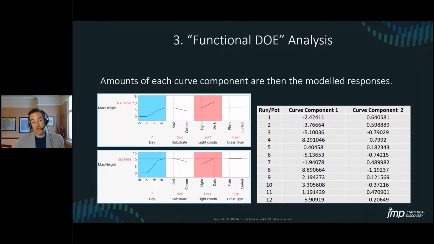And then, in some cases, you've got an ideal curve, what you might call a golden curve. You can then see how you need to set the factors in order to achieve that perfect curve that you want to achieve.